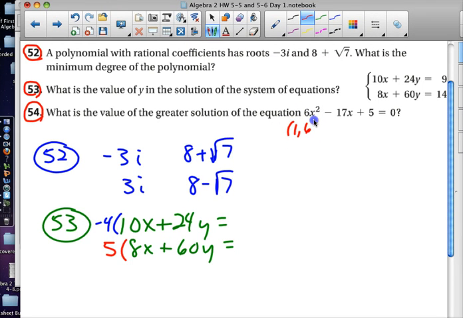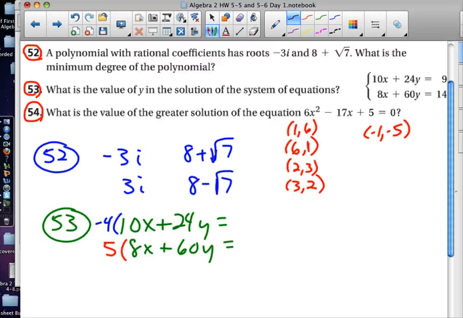So in the front, I'm going to need combinations of numbers that would multiply to give me 6. And in the back, combinations of numbers that would multiply to a positive 5, but somehow add in the middle to a negative 17. Now that's really good news because there are not a lot to choose from here. And with the numbers that we have, I'm starting to think, well, negative 15 and negative 2, that would make this really work.